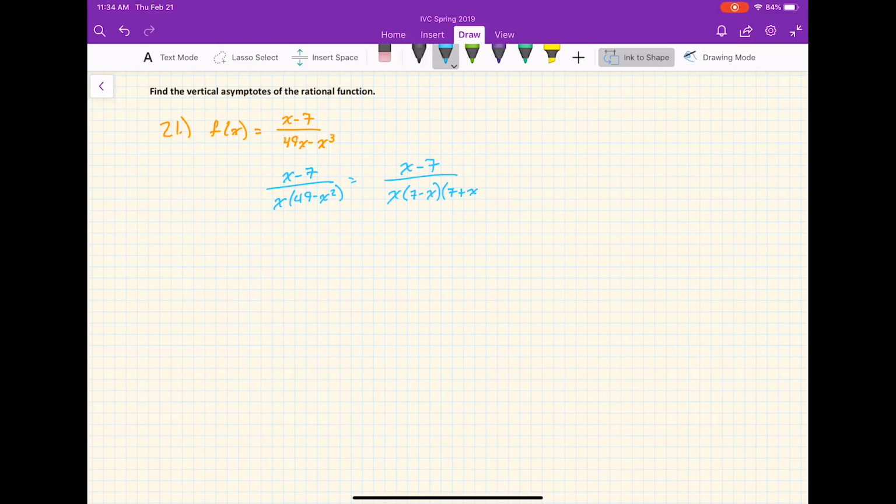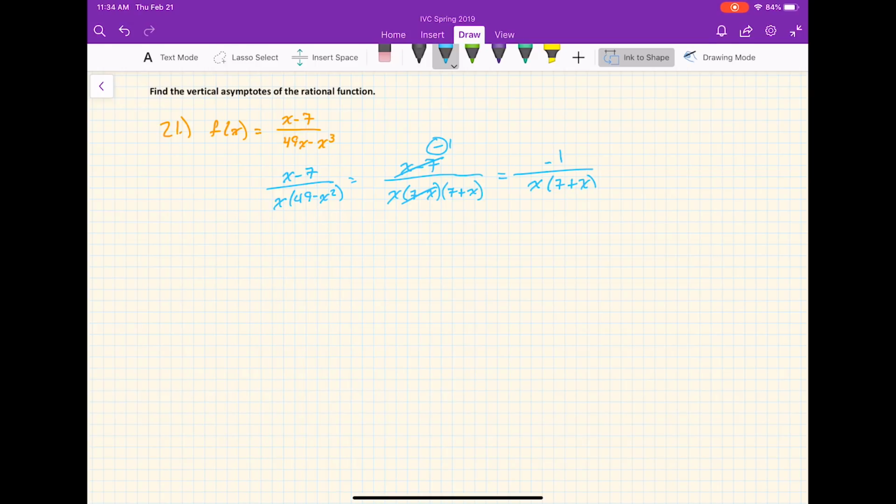Now we can see that we have a kind of a hole in our graph if we were to graph this, but we've got 7 minus x and x minus 7. So we can just convert this to a negative 1 up here instead of a 1 because they were transposed. So what we end up with here is negative 1 over x times the quantity 7 plus x.